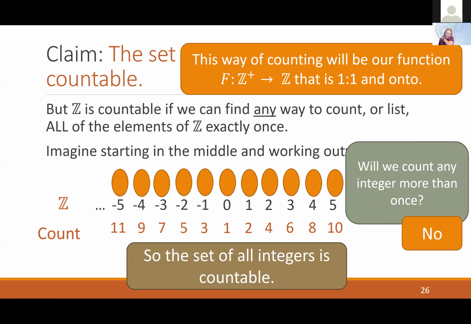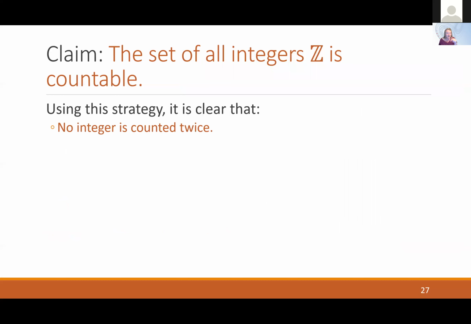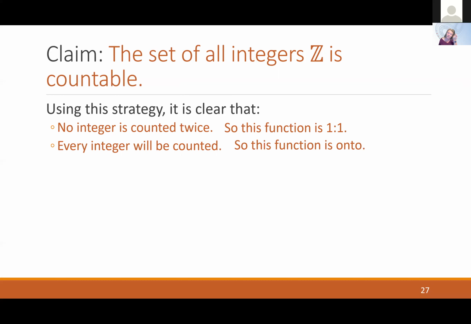So the set of all integers is countable because we created a strategy, a technique that ensured that no integer is counted twice. And so the function is one-to-one. And every integer got counted. The strategy didn't skip any integers, so the function is onto.